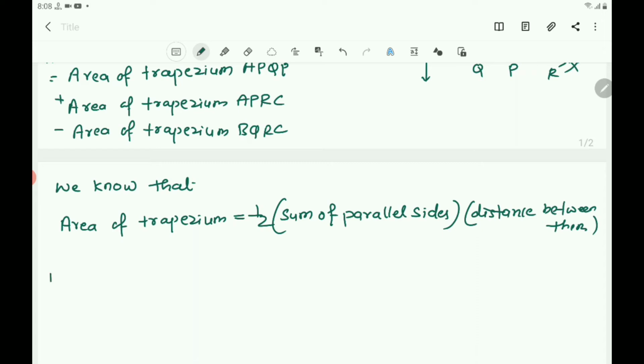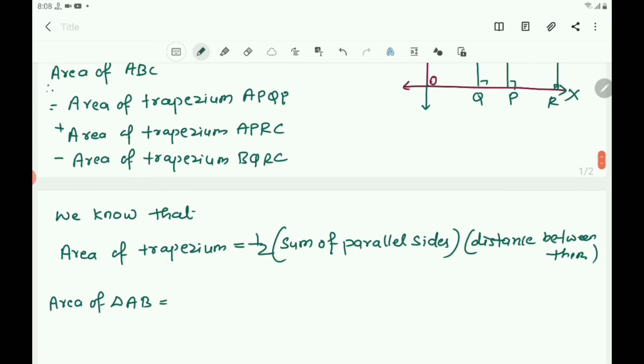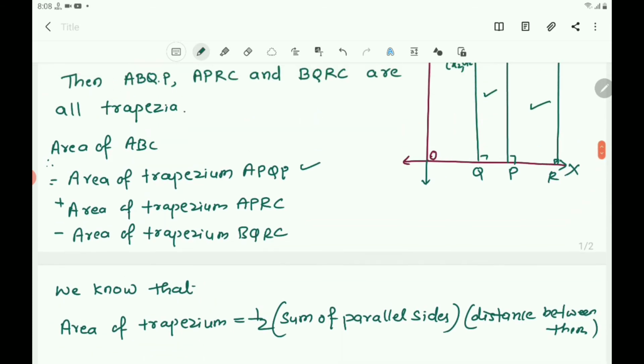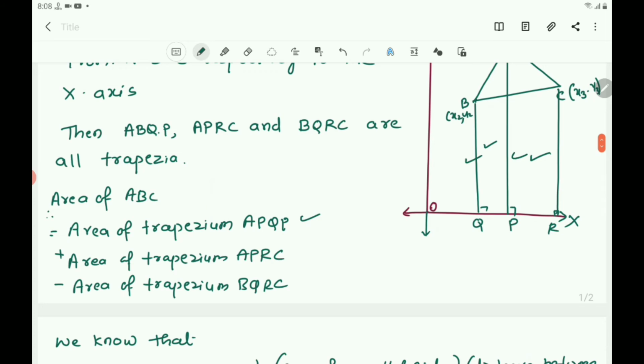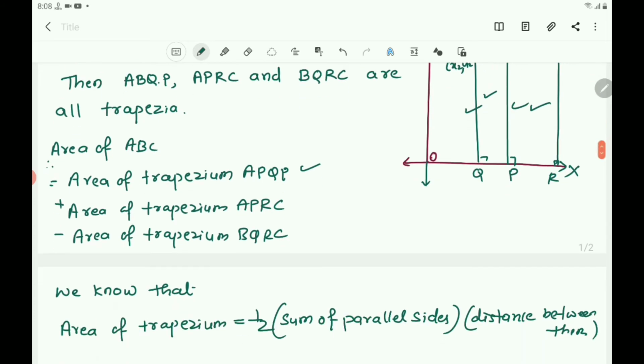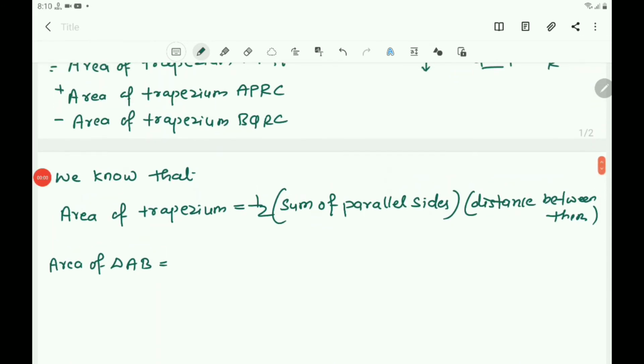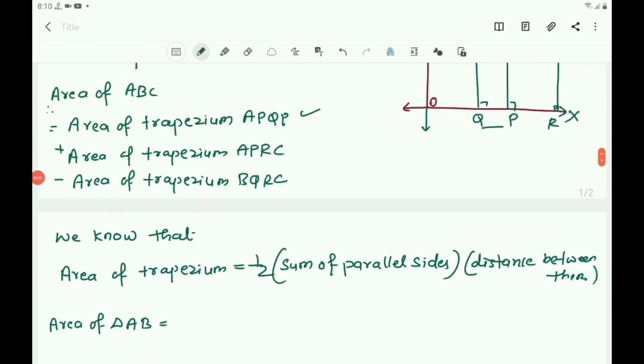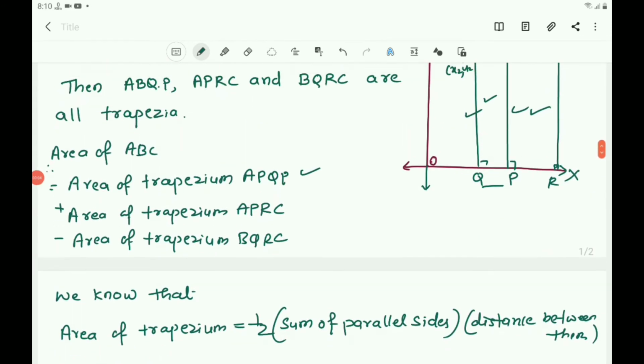Therefore, area of triangle ABC. So the area of the first trapezium APQB is half into, you take that APQB, here the parallel sides are BQ and AP.